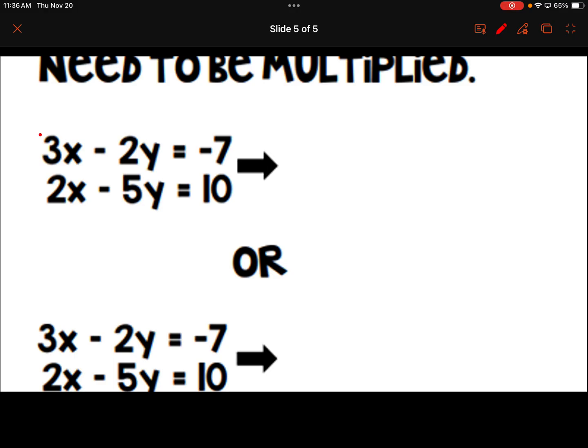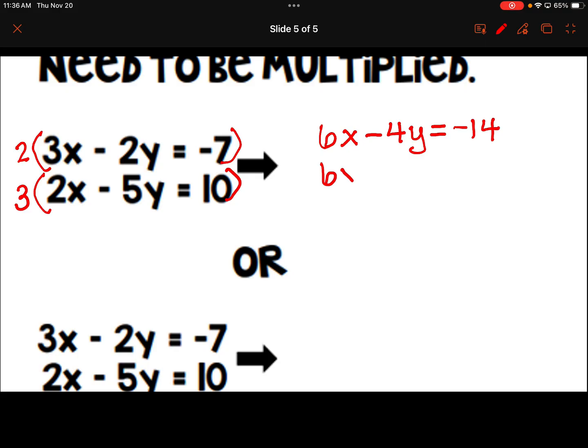So option 1, I would multiply this first one by 2, and I would multiply this second equation by 3, because I'm trying to get x to eliminate. So now I'm going to have 6x minus 4y equals negative 14. And then I'll have 6x minus 15y equals 30. Okay, there was option 1.